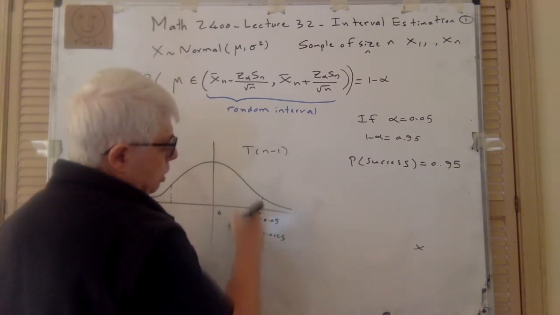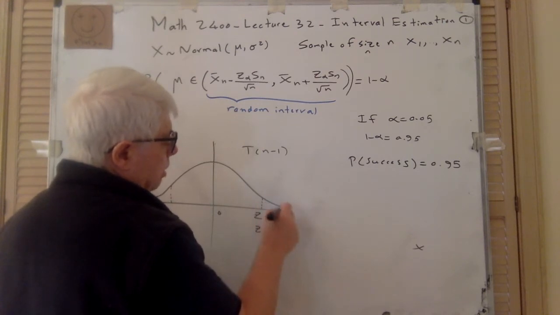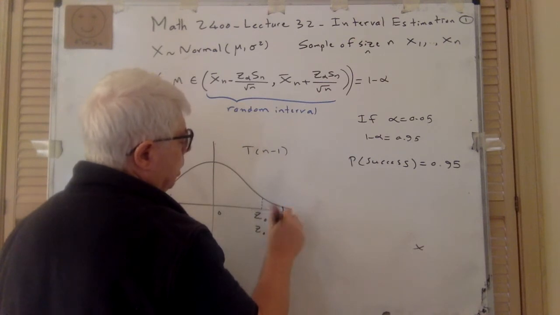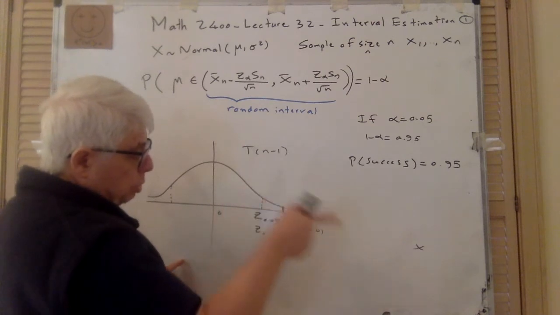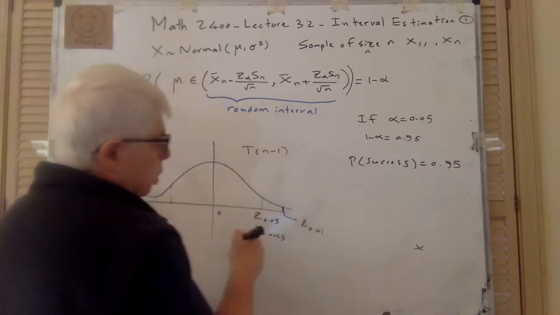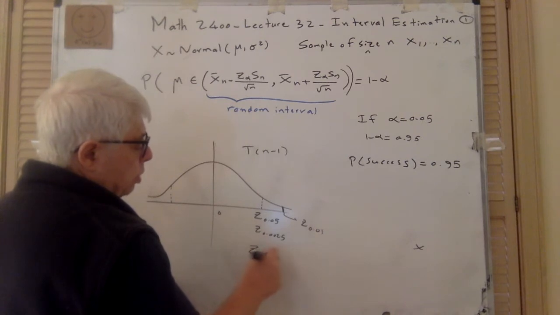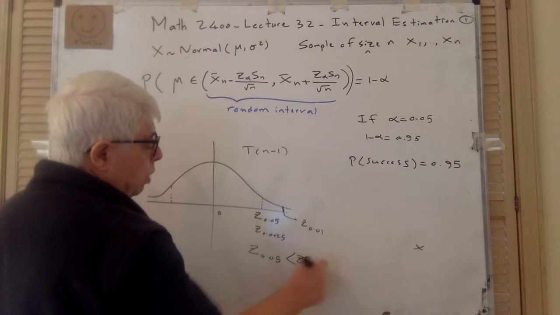If that is z for 0.025, then z for, say, 0.01 is to the right of this, right? So z of 0.05 is less than z for 0.01.